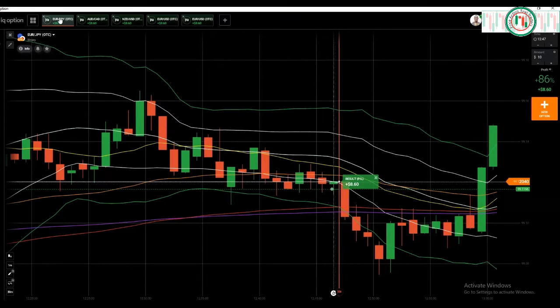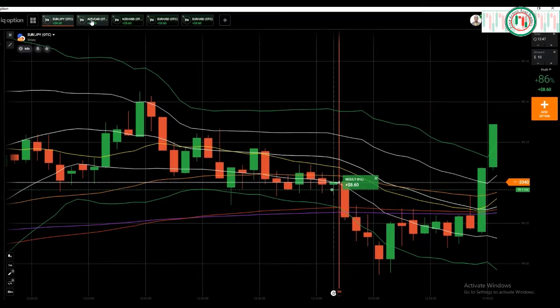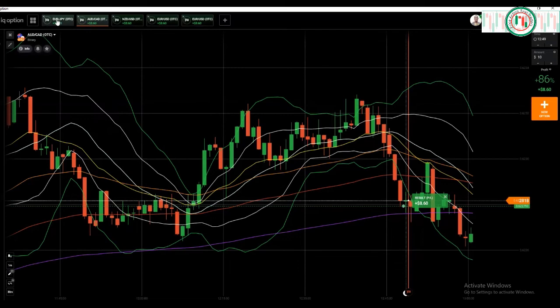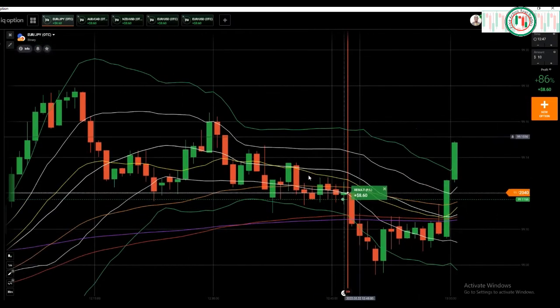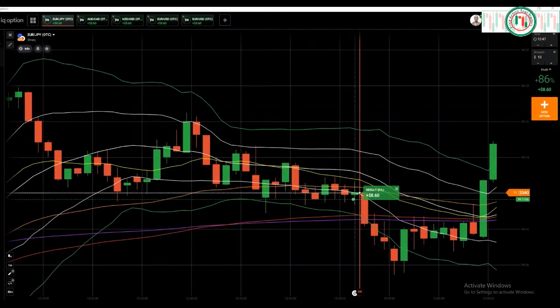So let me explain more so that you will understand. This is the first trade. First trade here, first of all, you see this is the zone, engulfing. This is engulfing.